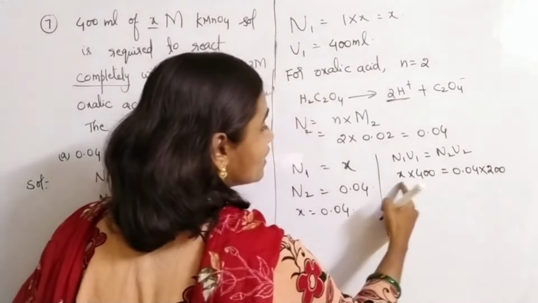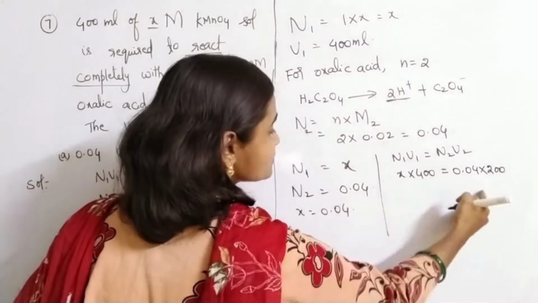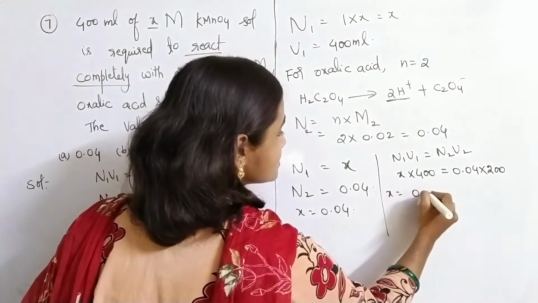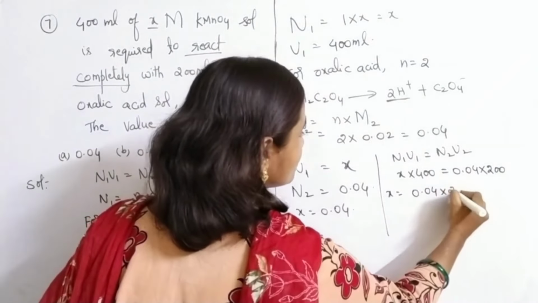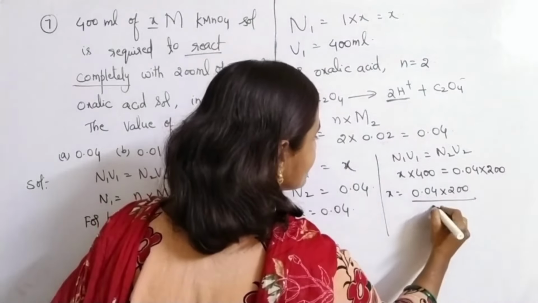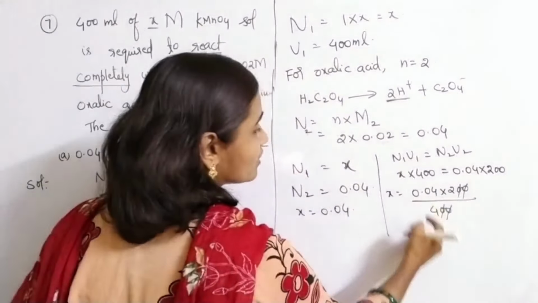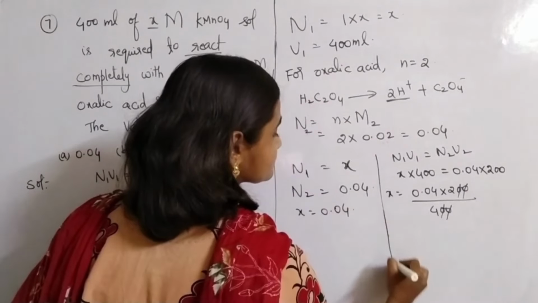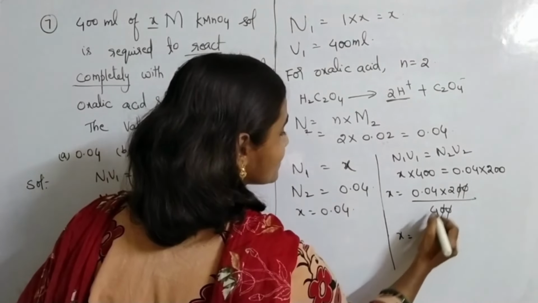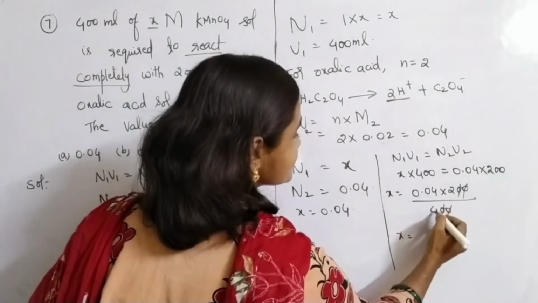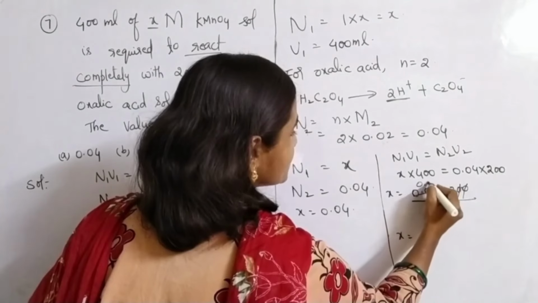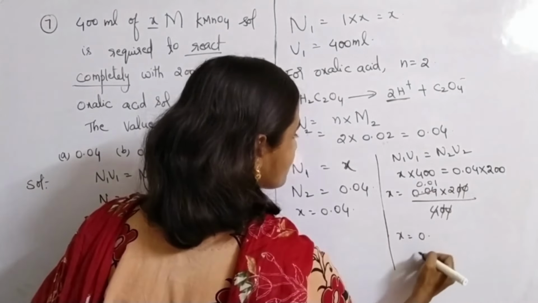Okay, so you want x, so bring this 400 to the denominator. 0.04 into 200 by 400, 0 gets cancelled. Okay, x value how much you will be getting? Once check. 0.01 into 2.